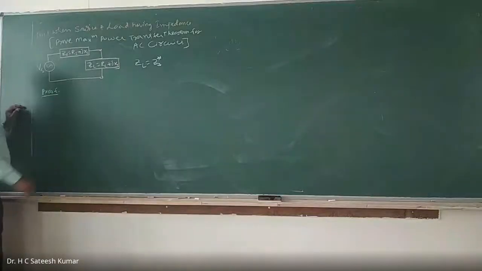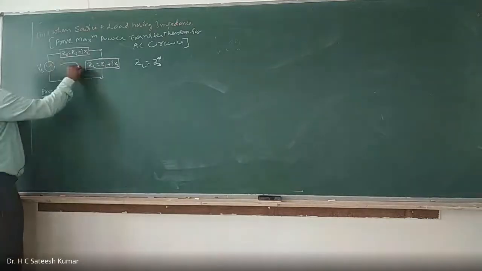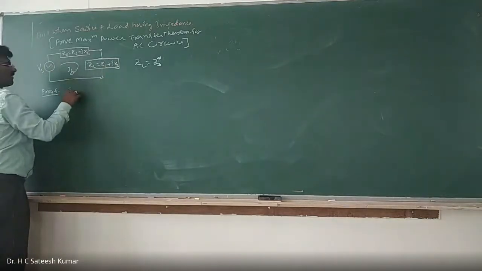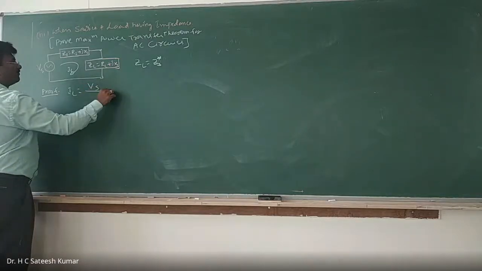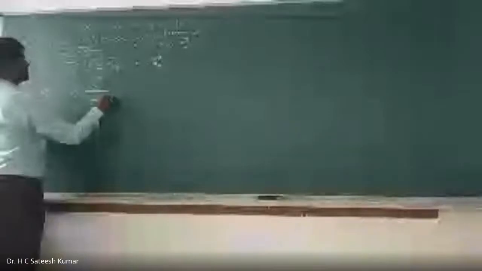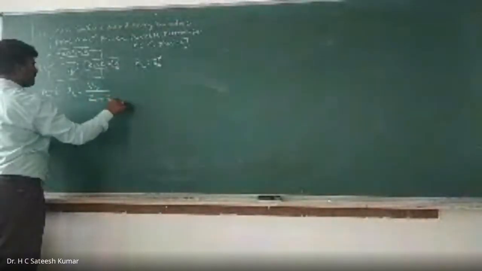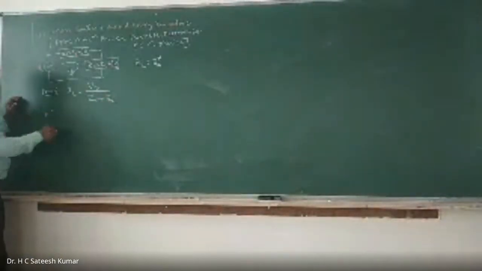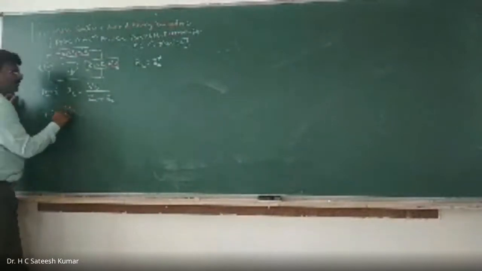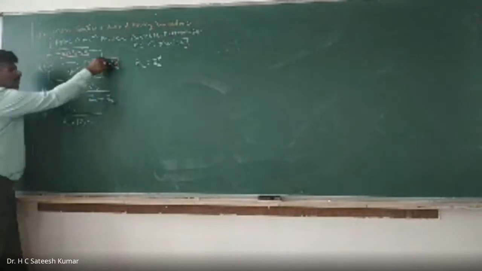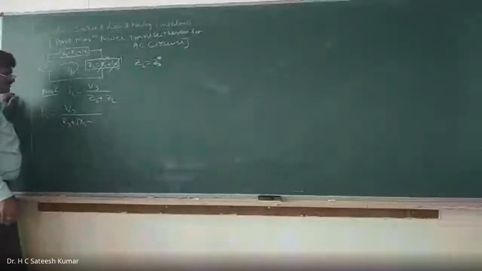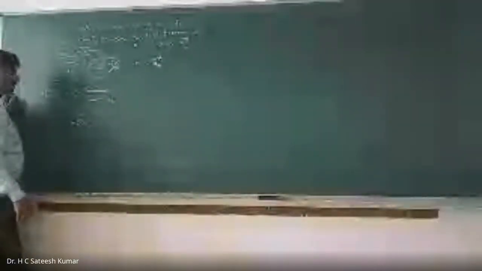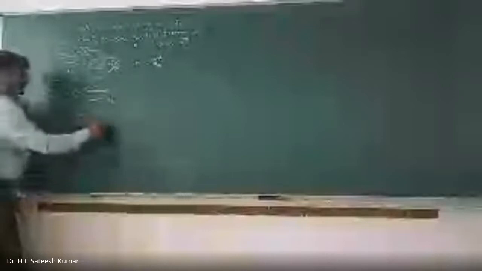So what should we do? Now you find out IL. IL is equal to what? IL is equal to Vs divided by the total impedance, ZS + ZL. Therefore, IL is equal to what? Vs divided by RS + jXS plus, here both of them are variable, RL + jXL.